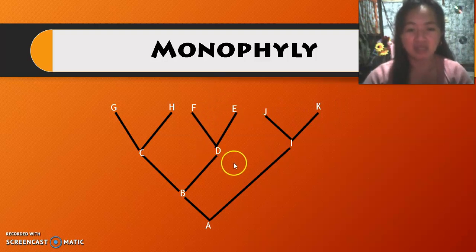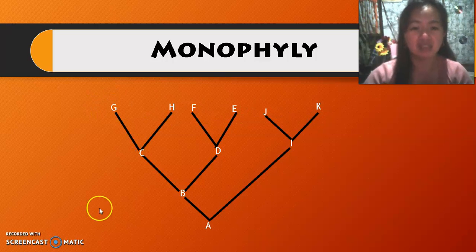These two are monophyletic groups because F and E share one common ancestor, which is D, and J and K also have one common ancestor, which is I. Same also if we take these six descendants, G, H, F, E, J, and K. These six have one common ancestor, which is A. So this is a monophyletic group.